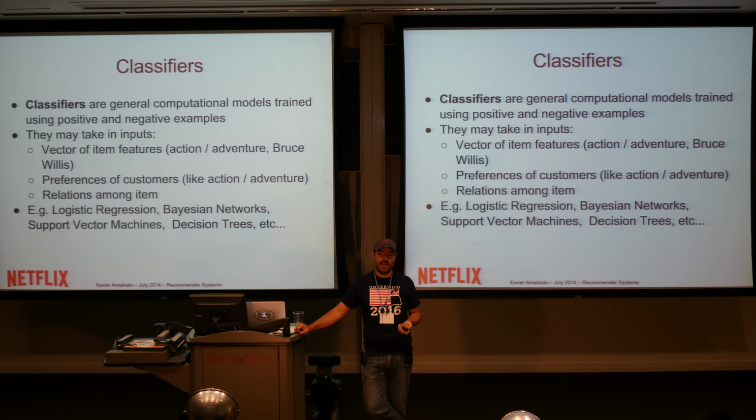But there are many classifiers that, as a side effect of classifying just a binary classification problem, output a probability. Think of logistic regression, for example. So why not use that probability as a recommendation or as a confidence on your recommendation?